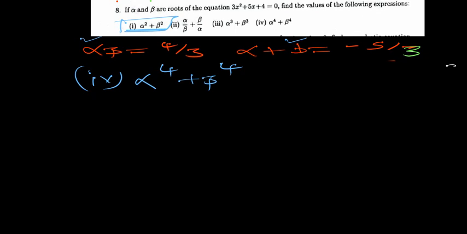So basically what happens here is it's something very simple and straightforward. So you know your binomial theorem.